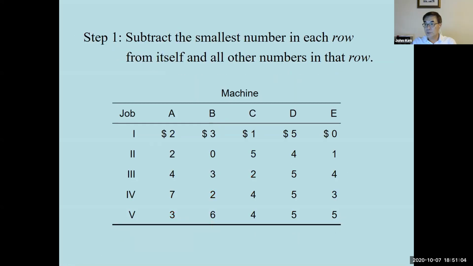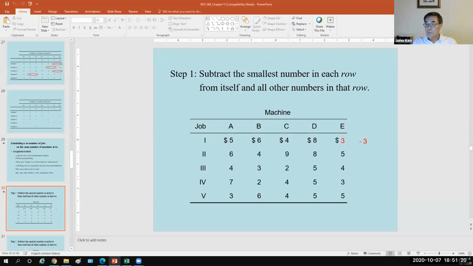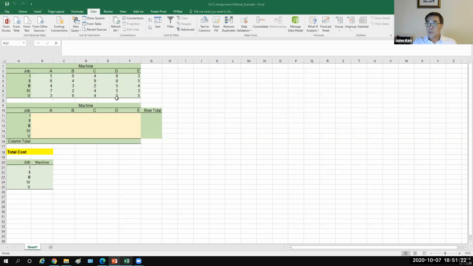Based on this table, 5 machines and jobs and each cost listed. So first the cost table, and then the assignment table, the same size, blank.